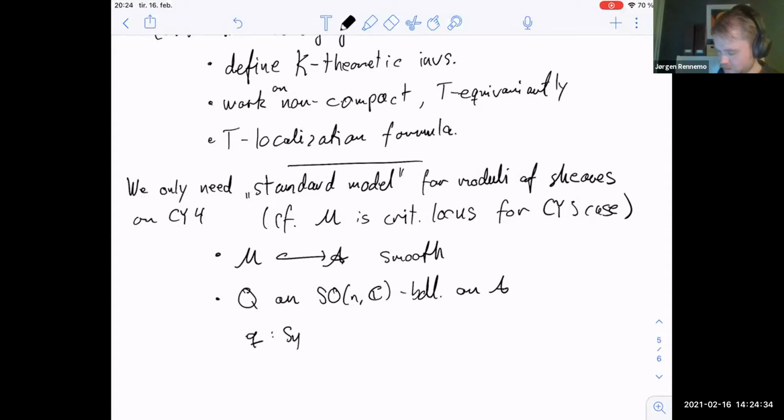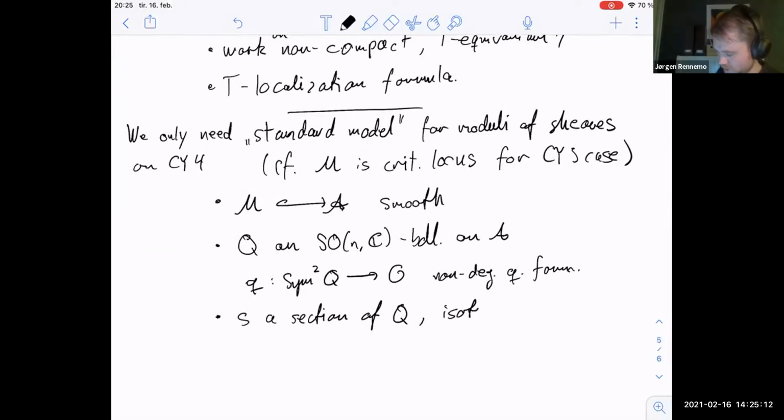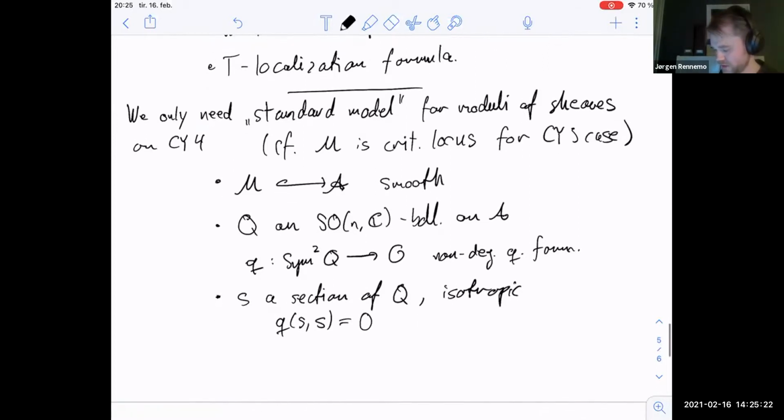Let's specify that Q has a non-degenerate quadratic form, and there's also an orientation involved, which is crucial. Then s is a section of Q which is isotropic, which means that if you apply the quadratic form to s, you get the zero section.